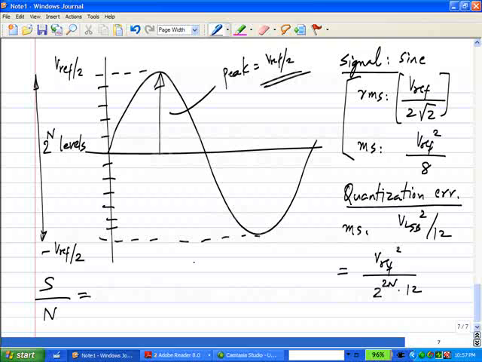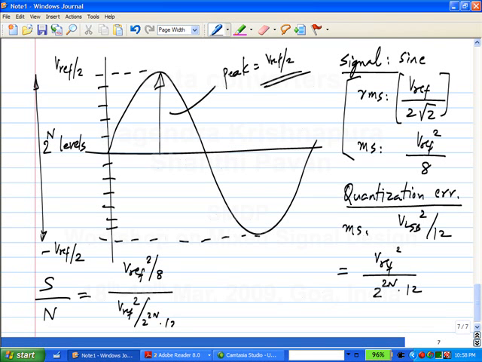What is the ratio? 2 raised to n minus 1? Why? So I calculate Vref square by 8 by Vref square by 2 to the 2n times 12. I get 12 by 8 times 2 to the 2n, or 4 to the n. It's the same thing. And 12 by 8 is nothing but 3 by 2.